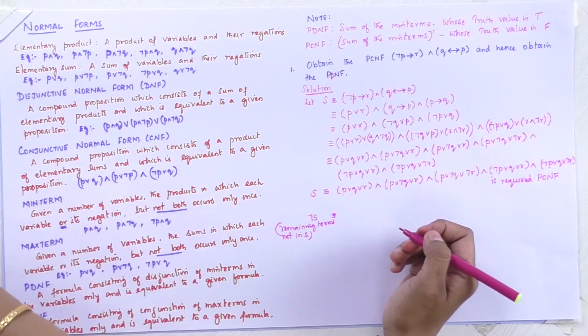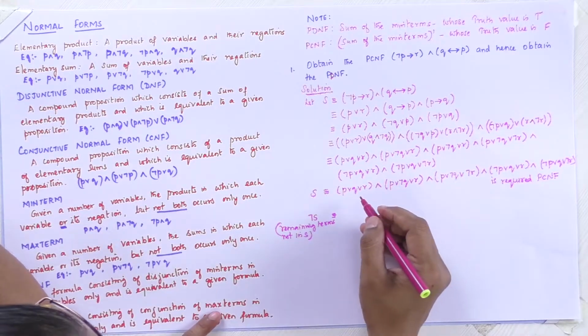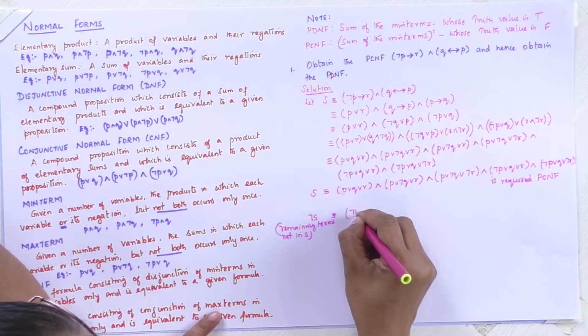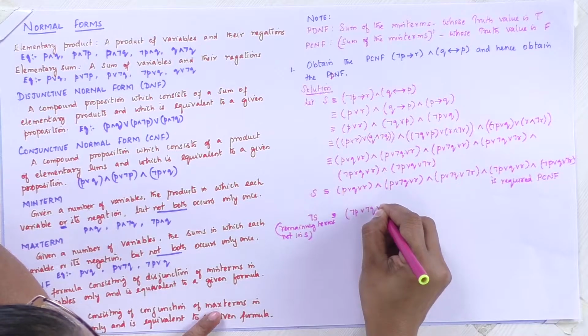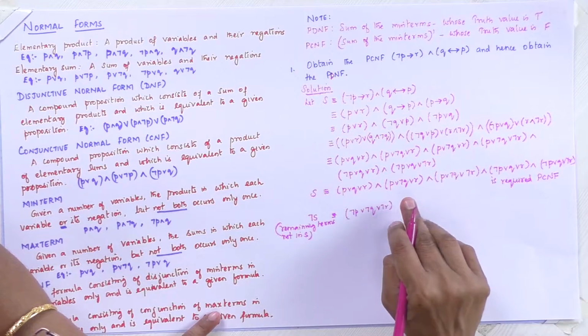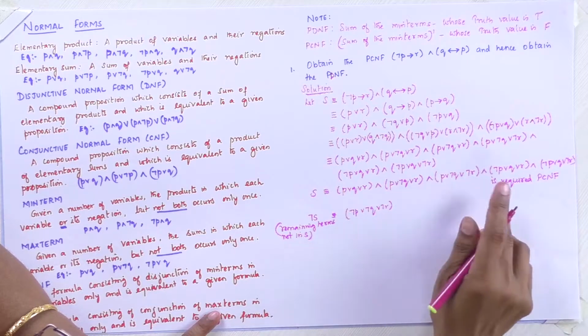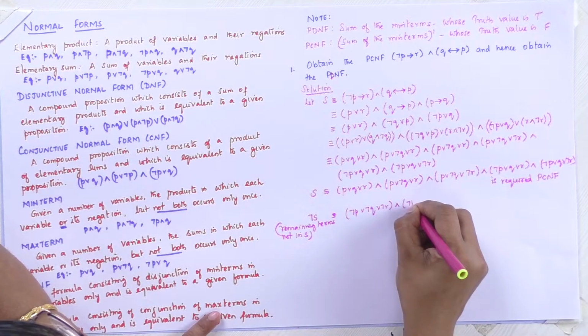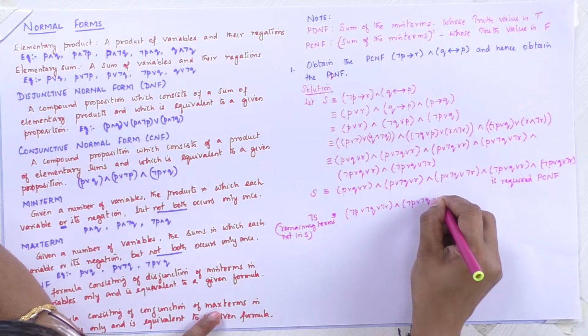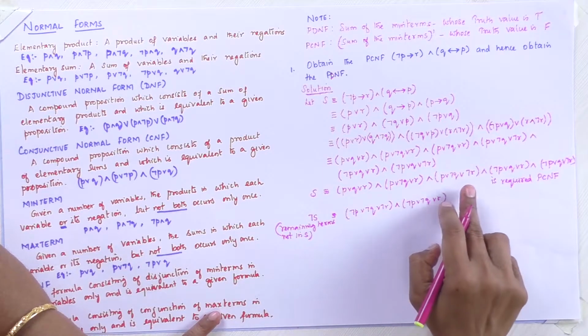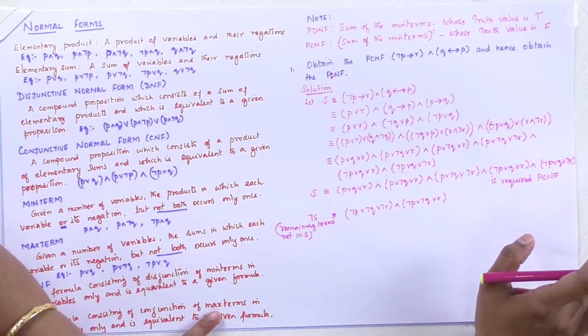So what are the 3 terms that have been missed out here? I will have to find them out. Not P or not Q or not R is missed out. And next, not P, not Q, R has been missed out. I don't find this not P, not Q, R. It is not present.